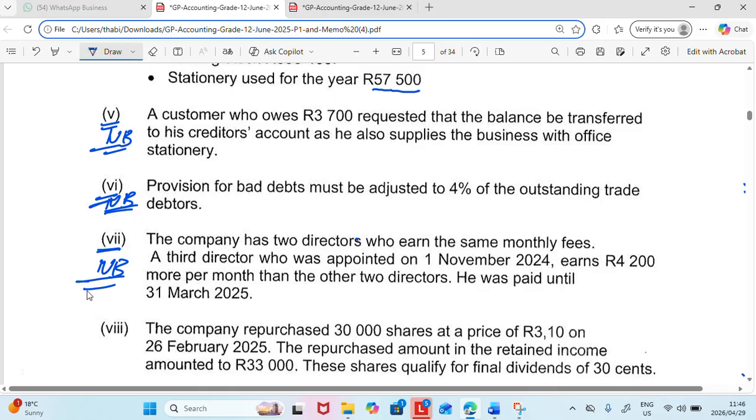A third director who was appointed on 1st November 2024 earns 4,200 more per month than the other two directors. He was paid until 31 March.